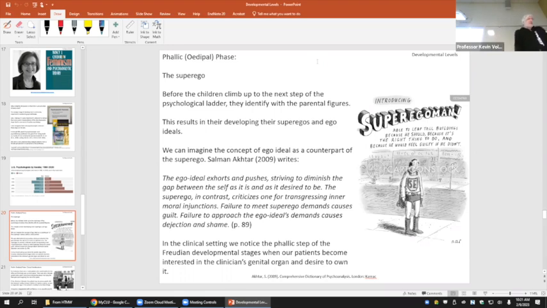In the clinical setting, we notice that the phallic stage of Freudian development is when our patients become interested in the clinician's genital organ and desire to own it. The more general way to say that is that when patients start becoming interested in your sexuality in the clinical setting, this can have something to do with this.